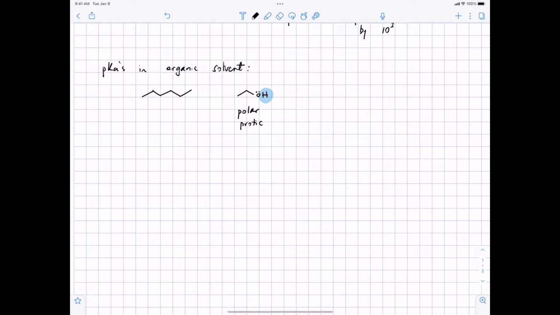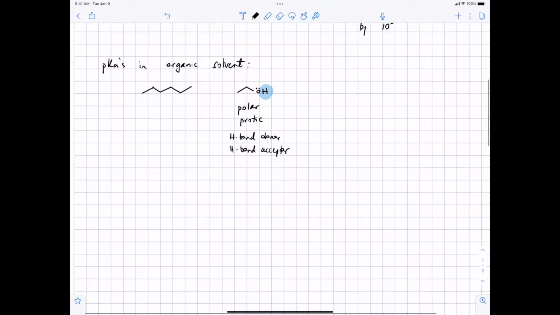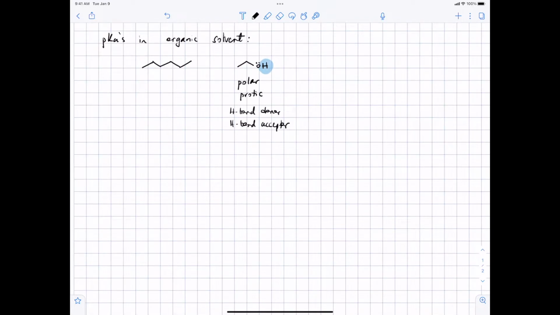And so methanol can be both a hydrogen bond donor and a hydrogen bond acceptor. Okay. There are a number of solvents that we could put here that are polar and protic. There are other solvents that we could add that are polar but non-protic. So one of these would be DMF, dimethylformamide.